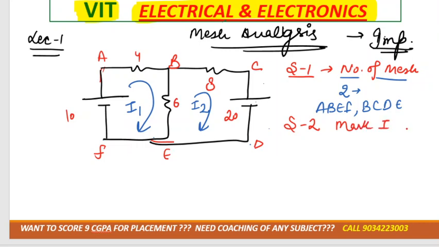We have marked current direction. Now it's totally depending on you. You can mark both clockwise, both anti-clockwise, one clockwise, one anti-clockwise and vice versa. It's not hard and fast that you have to take this sign, but I'll suggest you always take the same, like always clockwise. That would eliminate your confusion.